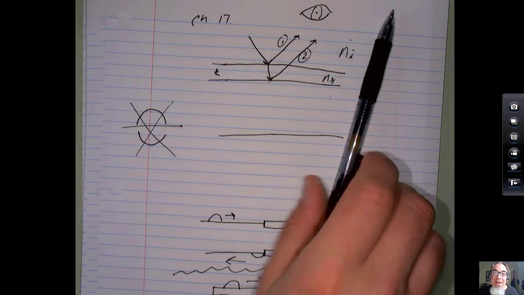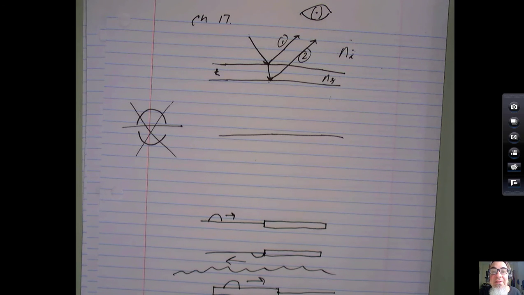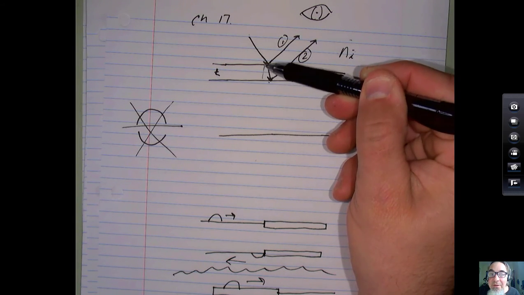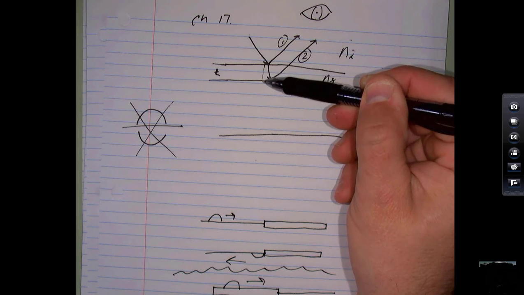So I've actually done that. I've made a little chart taking these things into account. It's the same idea. We need the path length difference to be equal to a multiple of the wavelength to get constructive interference. Now how big is the path length? Well, it's T and then another T, because you have to go this way and then back that way.